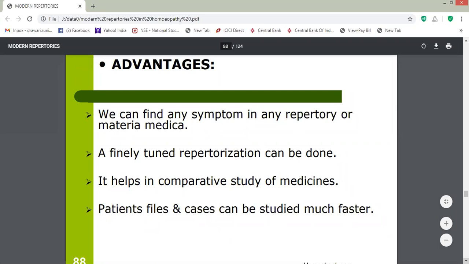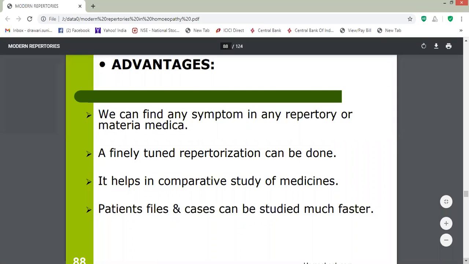Many times the rare symptoms which we found during drug proving are not mentioned or not listed in the repertory. Such rare symptoms we can get in these softwares.